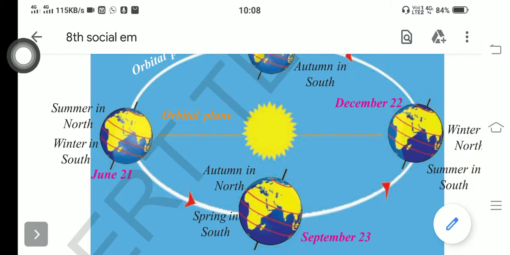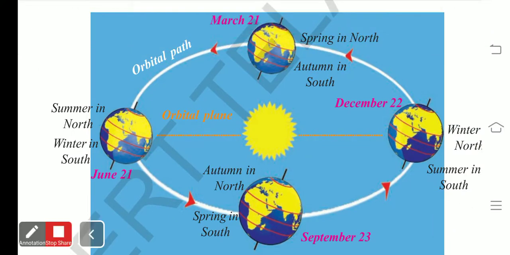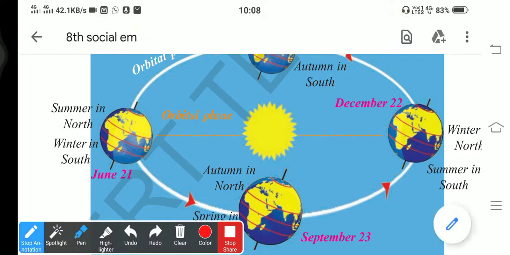Now comes the point. So it is 365 days. Earth completes one revolution in 365 days and 5 hours 56 minutes. Understand?